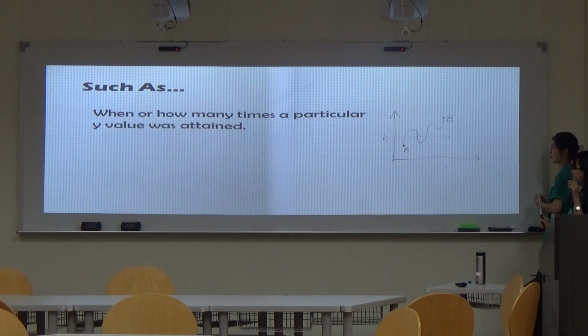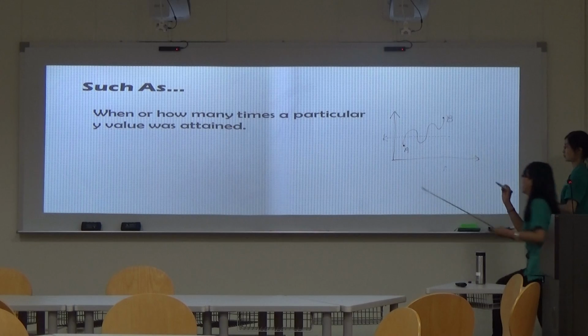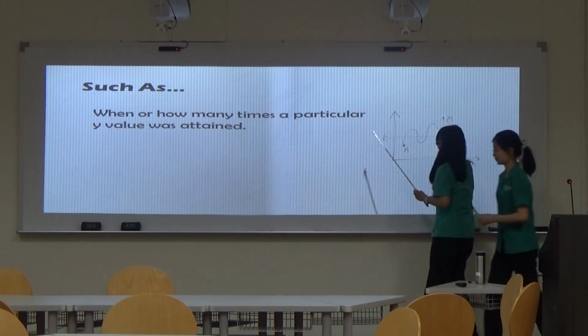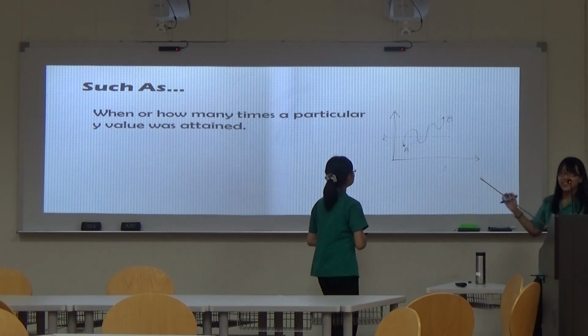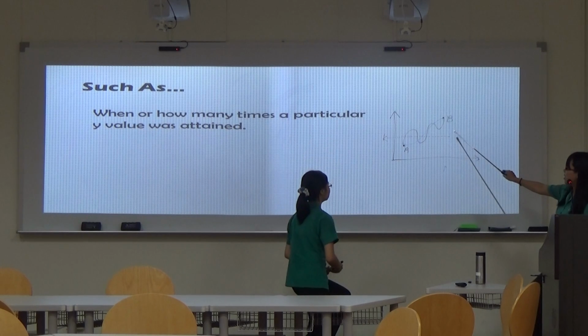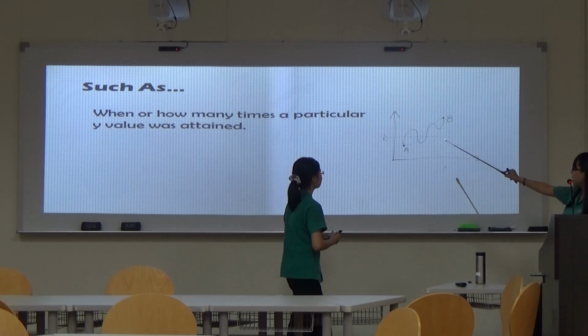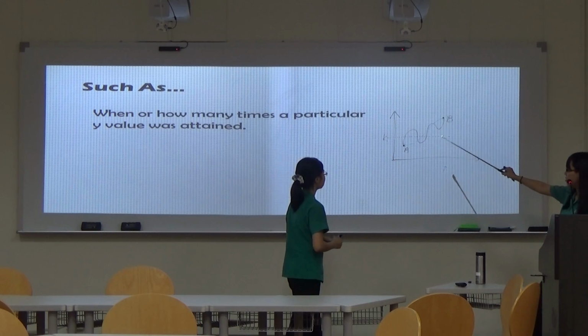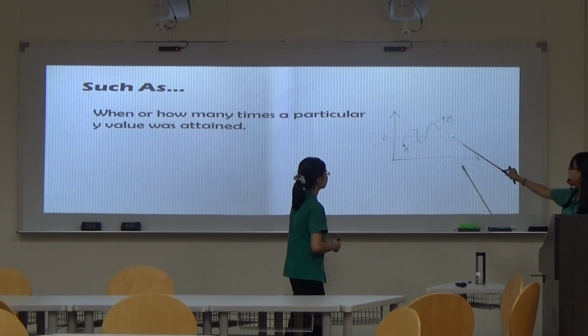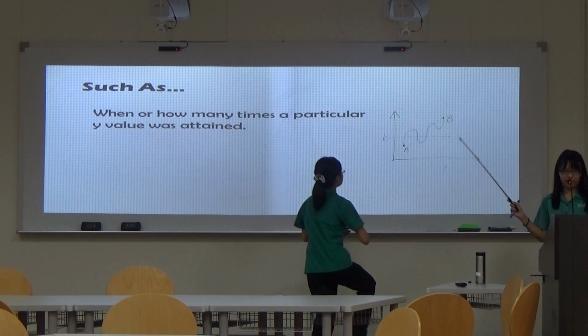Okay, so this is one of the continuous functions. The function may look like this, and maybe it will look like this. K is the particular y value, and the blue one reaches the particular value one time, and the other reaches it 3 times.